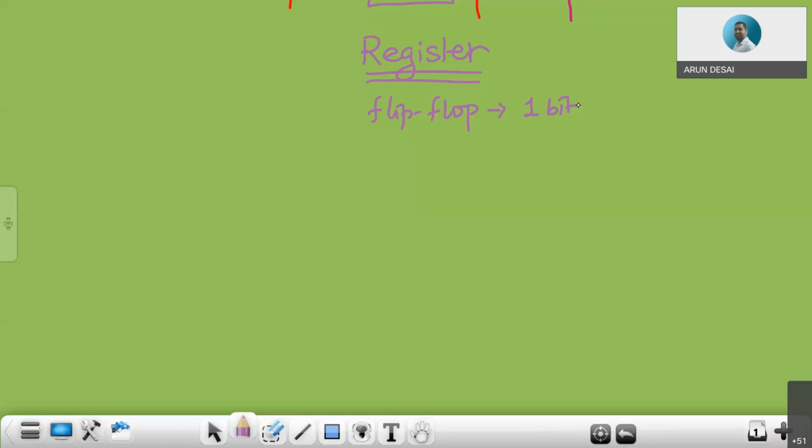If you have a group of flip flops with you to store multiple bits, then that group of flip flops is referred to as a register, right? So a group of flip flops is a register.